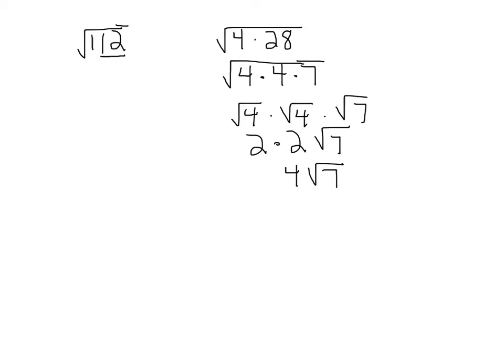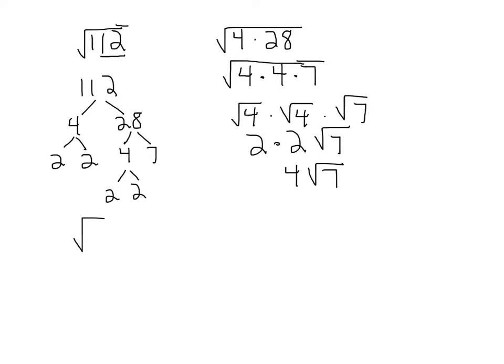If that's confusing to you, another idea is to do the prime factorization of 112. We've already seen that that's 4 times 28. And when I keep going, I've got 2 times 2, 4 times 7, 2 times 2. So I could in the end say the square root of 2 to the 4th power times 7.